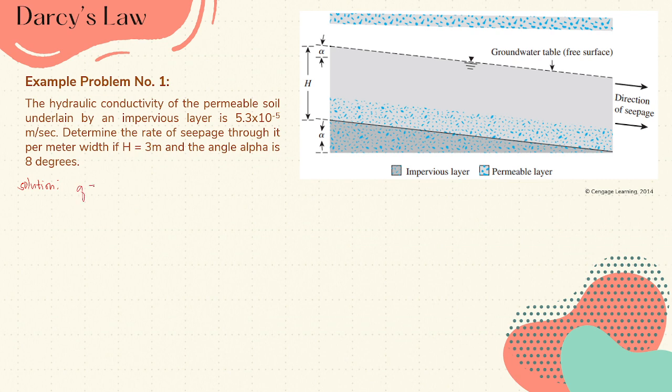So Q, the rate of seepage, is equal to the discharge velocity times the area, or gross area. So we are using the gross area because it is very hard to determine the area of the voids in this problem.